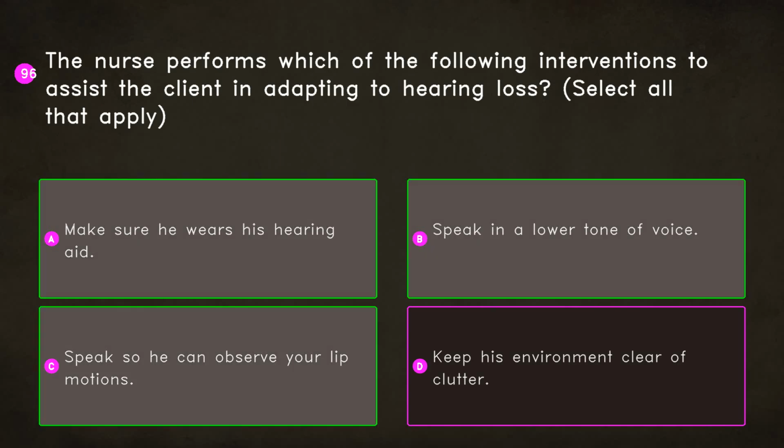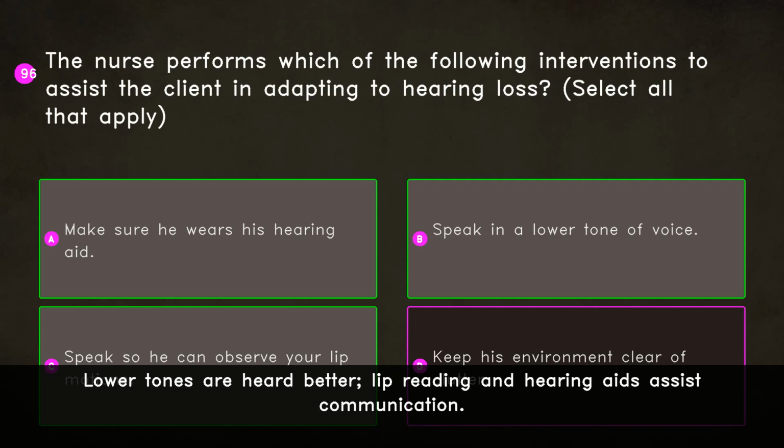The correct answer is make sure he wears his hearing aid, speak in a lower tone of voice, and speak so he can observe your lip motions. Lower tones are heard better. Lip reading and hearing aids assist communication.